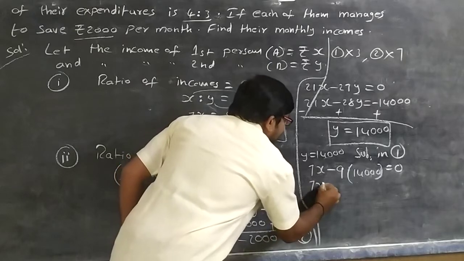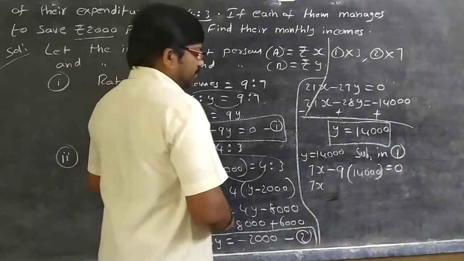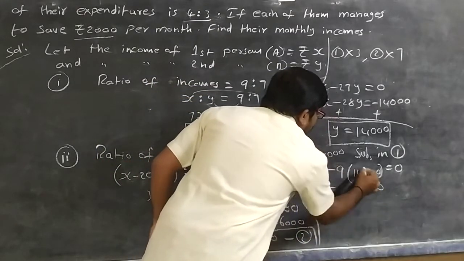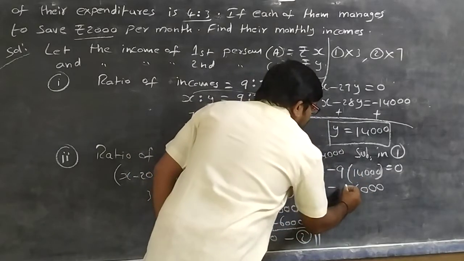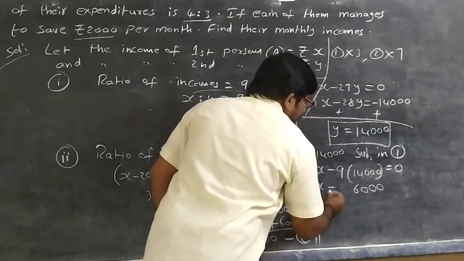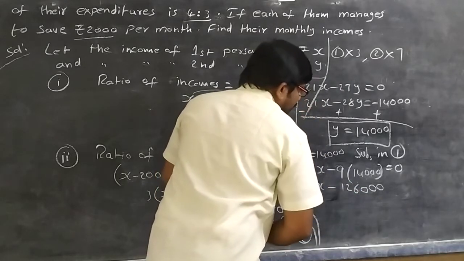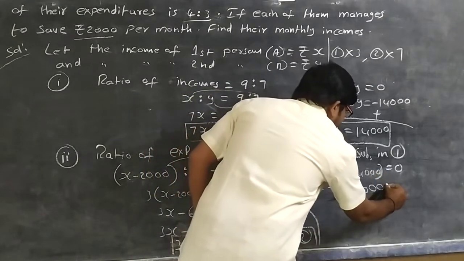So 7x equals 14,000 into 9, that is 126,000.